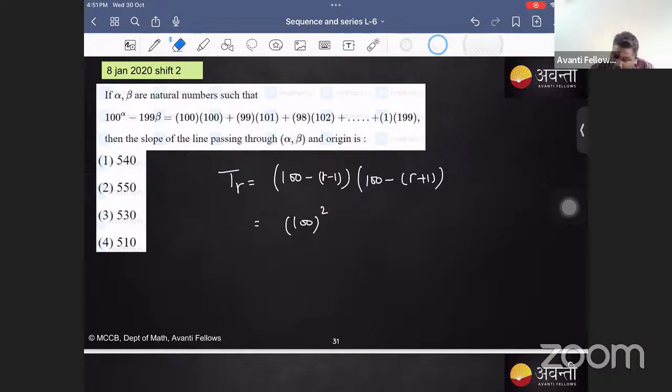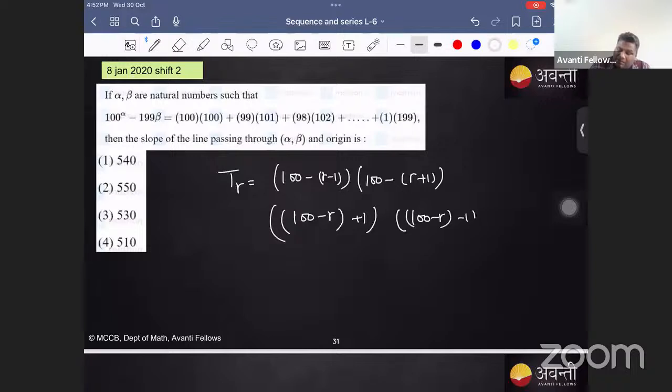We have to modify it to get a better form. 100 minus r whole square. 100 minus r, keep them together, or plus 1. And this will be 100 minus r minus 1. So this is 100 minus r whole square minus 1.